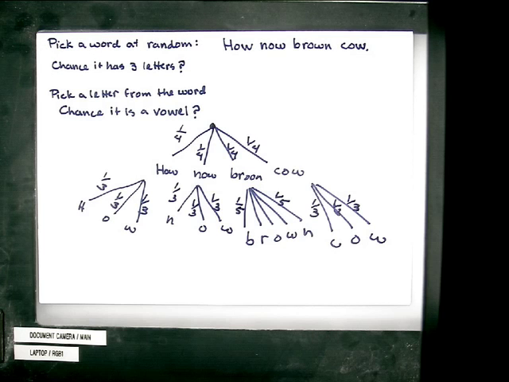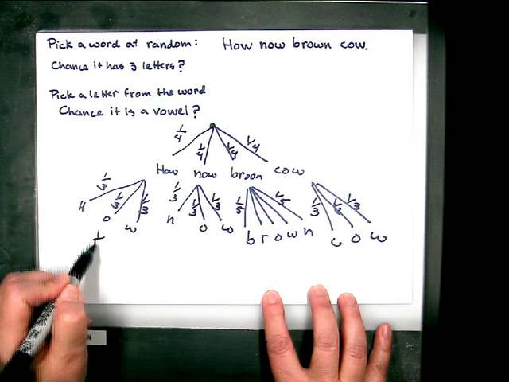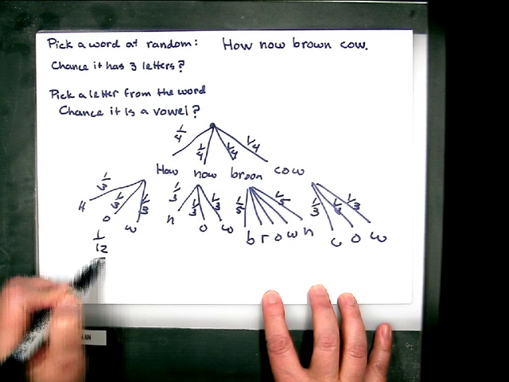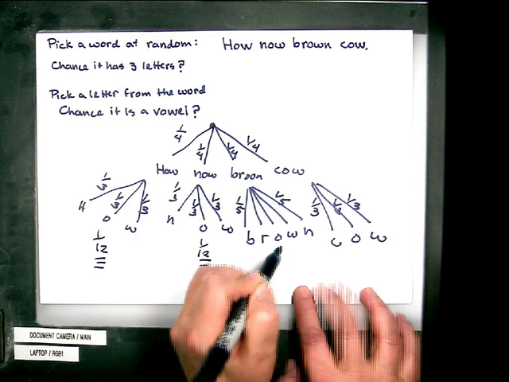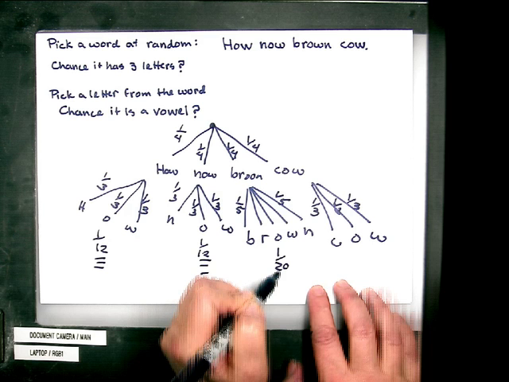And the question says, what's the chance I draw a vowel? So I could look over here. I could multiply down and see this O is a 12th, and for this O, it's a 12th. And for this O, it's a 20th. And for this O, it's a 12th.